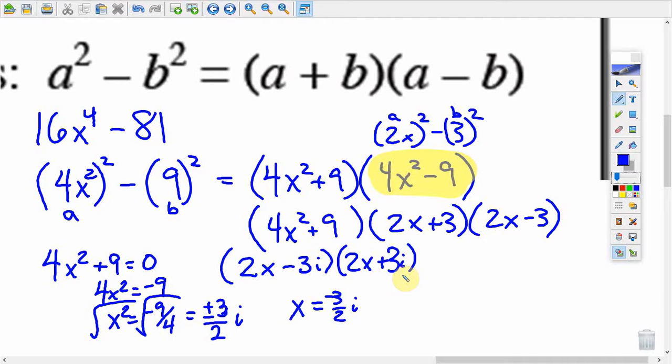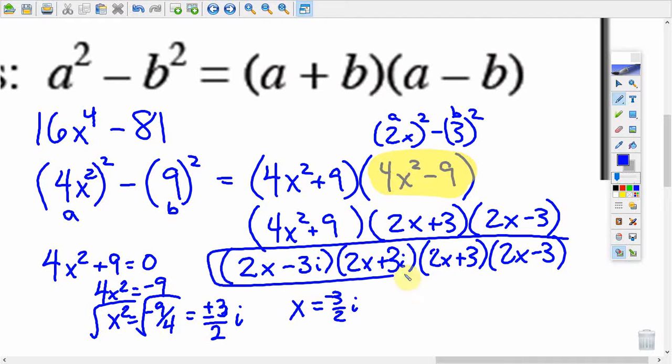So the fully factored form would be 2x minus 3i times 2x plus 3i times 2x plus 3 times 2x minus 3. Okay, but difference of squares certainly helped us do that a lot faster than we otherwise could have.